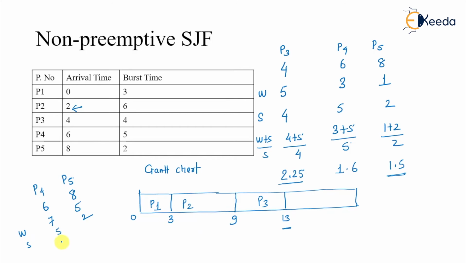If you calculate the ratio, 7 plus 5 is 12, divided by 5, that will become 2.4.